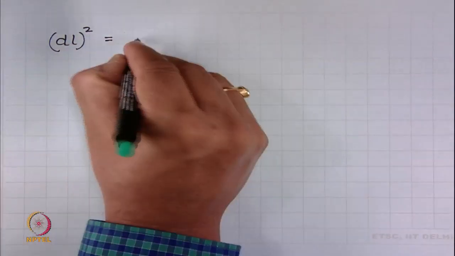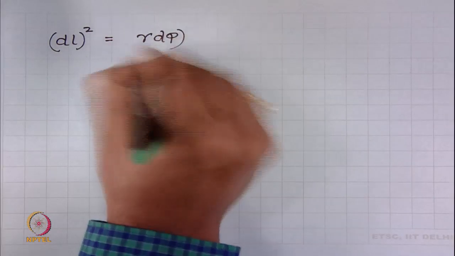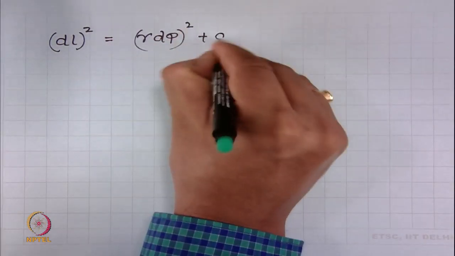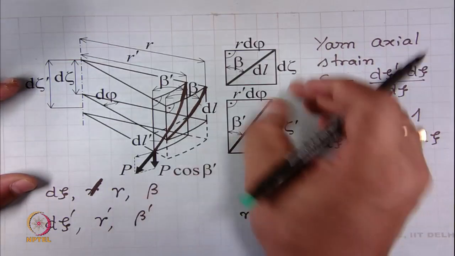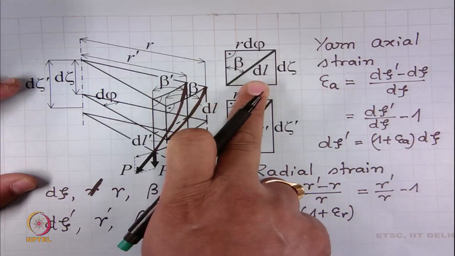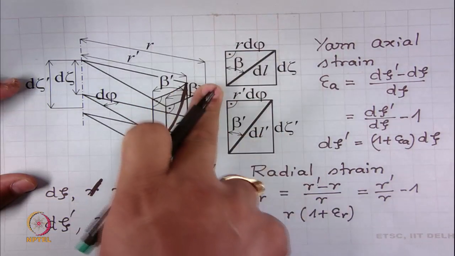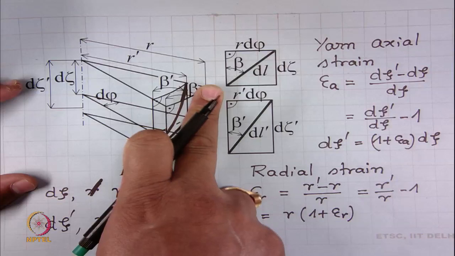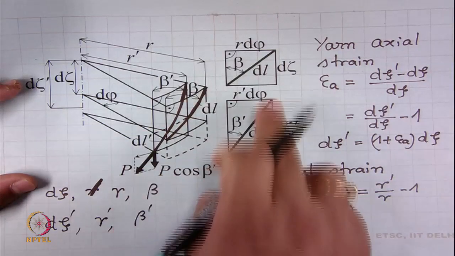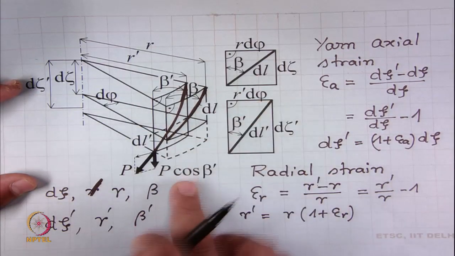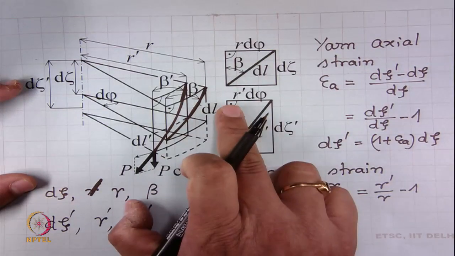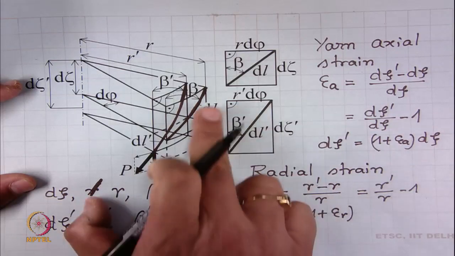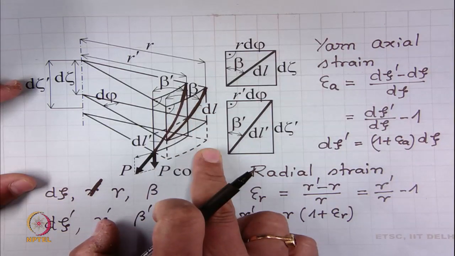Similarly, if we apply the Pythagorean theorem to this triangle, then we will see dl prime square is equal to r prime d phi square plus d zeta prime square.